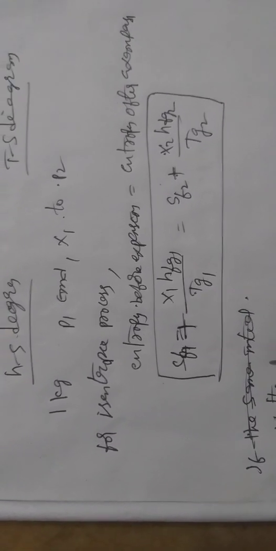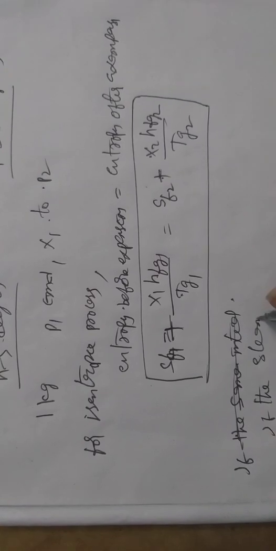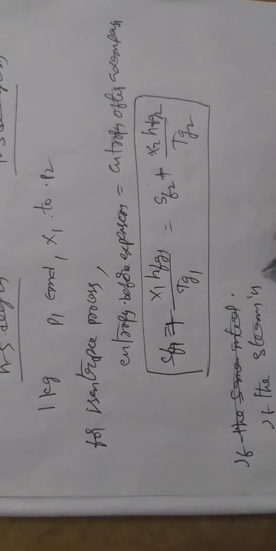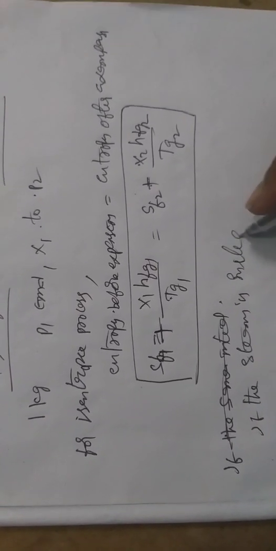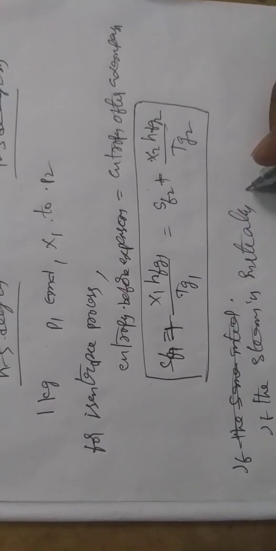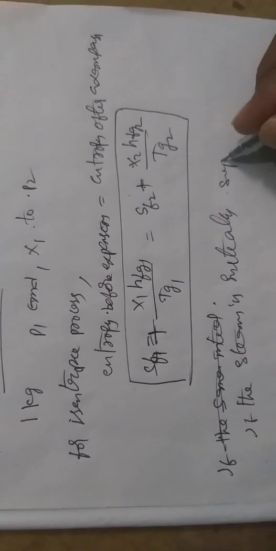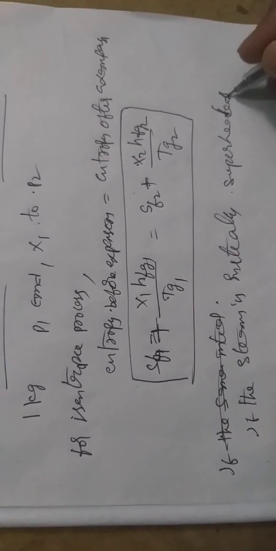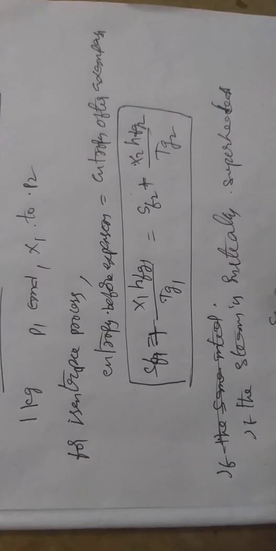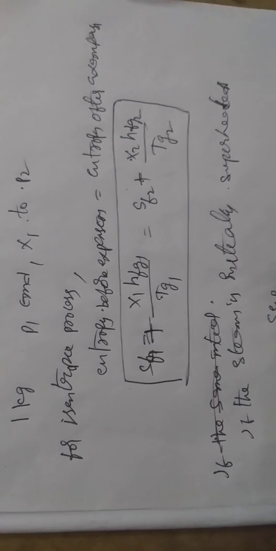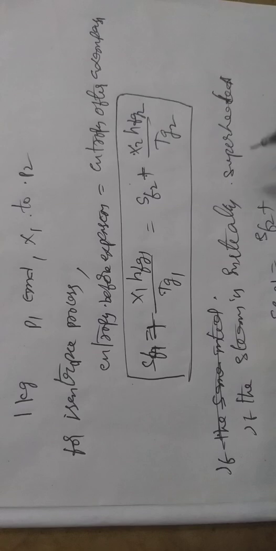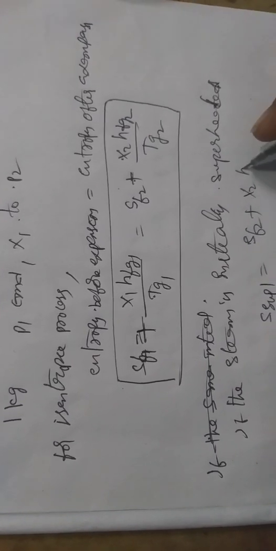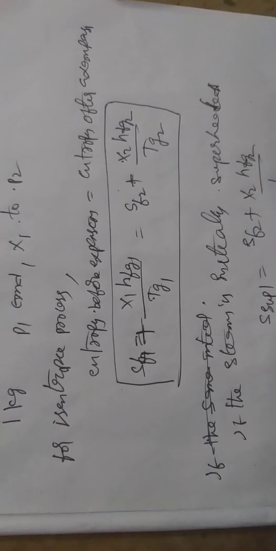If the steam is initially superheated, then S1 is equal to Sf2 plus X2 hfg2 by T2.